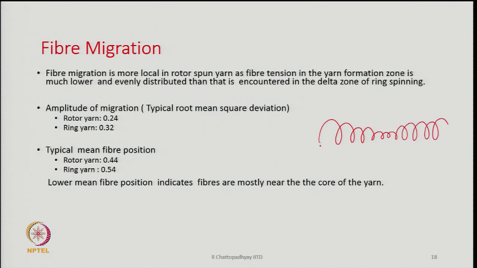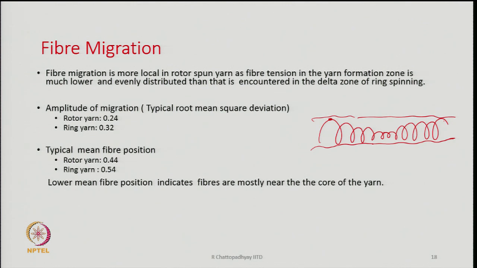This is what is known as migration. So, let us say this is the yarn. The fibers are going from the surface of the yarn to the core of the yarn and then again going to the surface, and they keep repeating this. This is what is called migration.